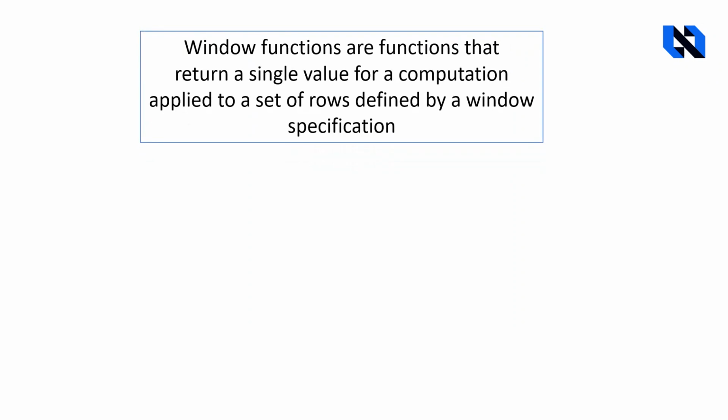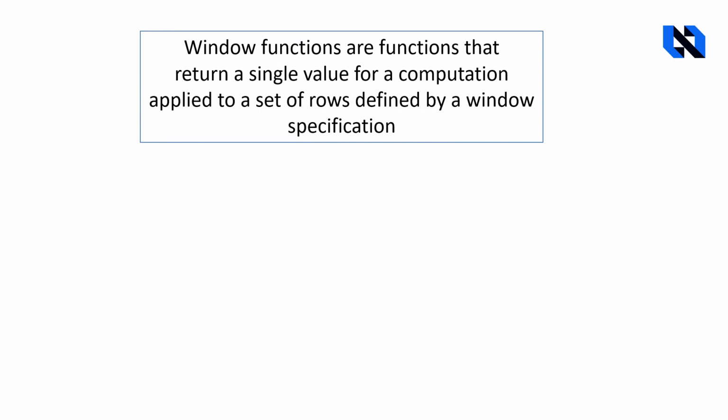Now, what does window actually describe? The term window describes the set of rows in the table or the database on which the functions will operate. The window function is the computation that needs to be applied. The window specification then describes the set of rows in the table on which this window will operate.